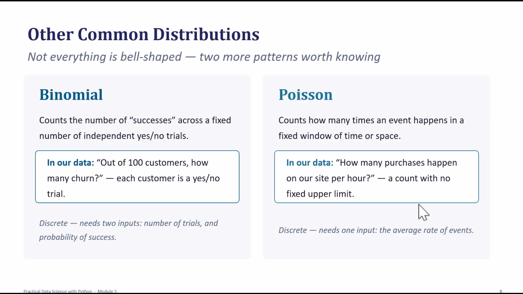The Poisson counts how many times an event happens in a fixed window of time or space. In our own data, that is how many purchases happen on a site per hour. It is a count with no fixed upper limit, so you can continue to count as many as possible. It needs only one input, the average rate of the event.